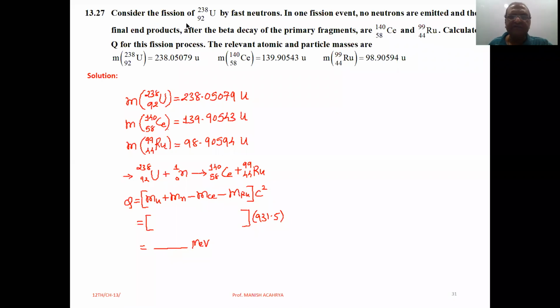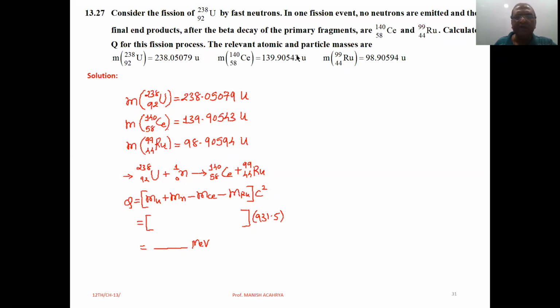13.27. Consider the fission of 92U238 by fast neutrons. In one fission event, no neutrons are emitted, and the final end products after the beta decay of the primary fragments are 58 Ce140 and 44 Ru99. Calculate Q of this fission process.